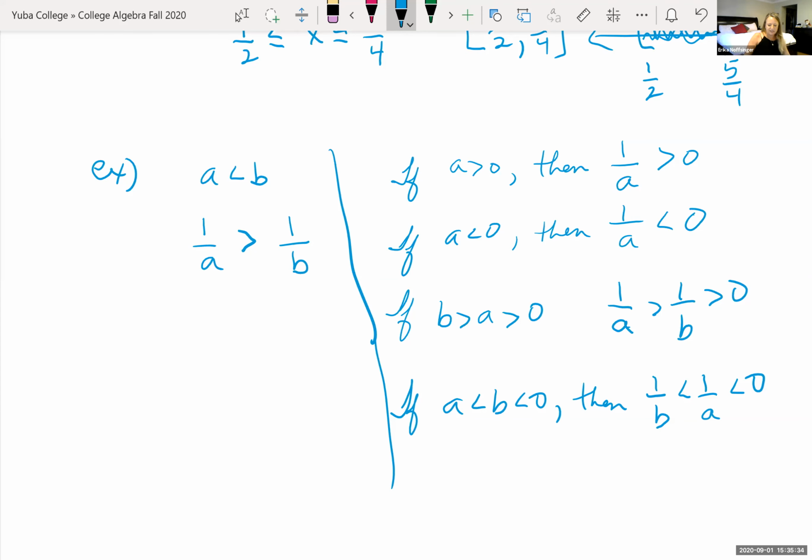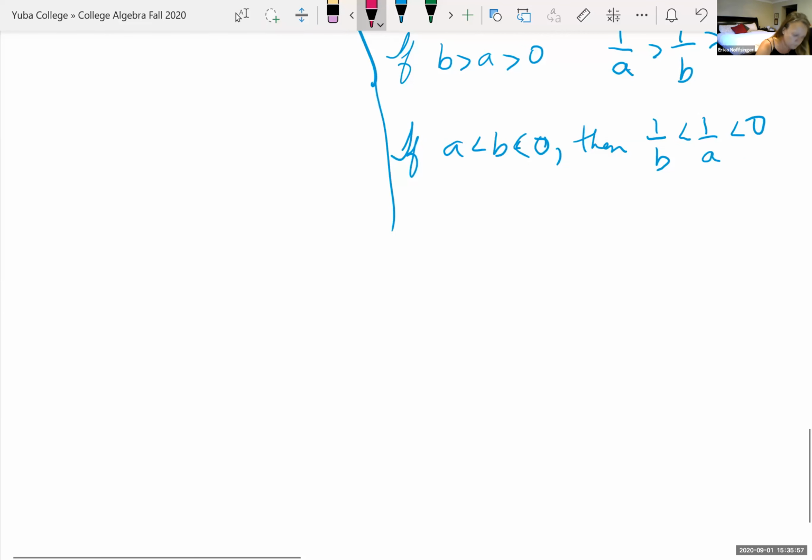Which kind of makes sense if you think about the number line, and numbers that are further to the left of 0 are going to be smaller. Okay, let's use this fact to help us solve the following.